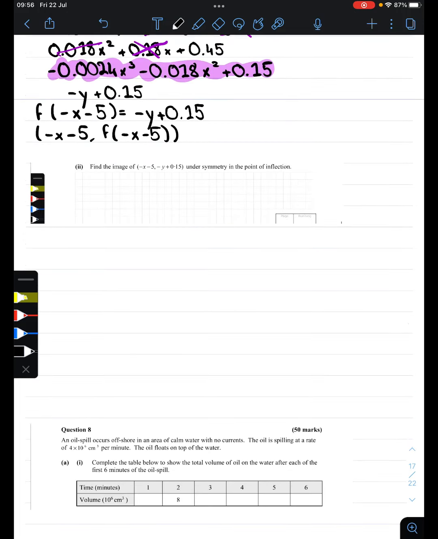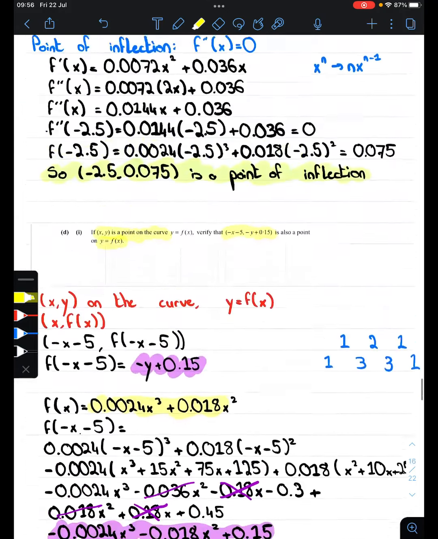Okay, now finally, find the image of minus x minus 5, minus y plus 0.15 under symmetry in the point of inflection. Okay, what the hell does that mean? So what might this look like?